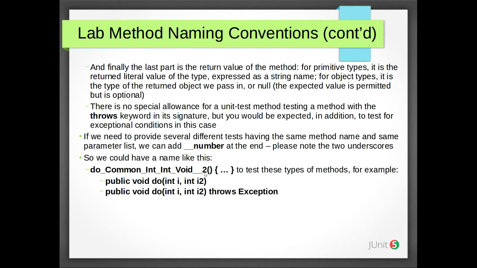And __2 just says that we've overloaded this method, because we needed to test 2 types of values for ints, for example. So what would such a unit test name test? It would test something like public void do int i2, or public void do int i2 throws exception, for example. So that's the naming convention we're going to utilize.